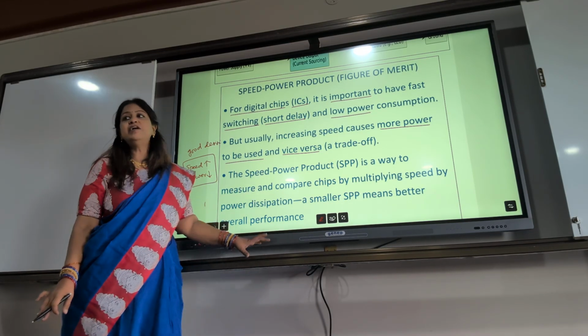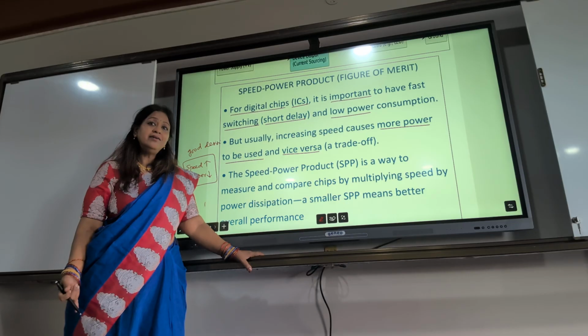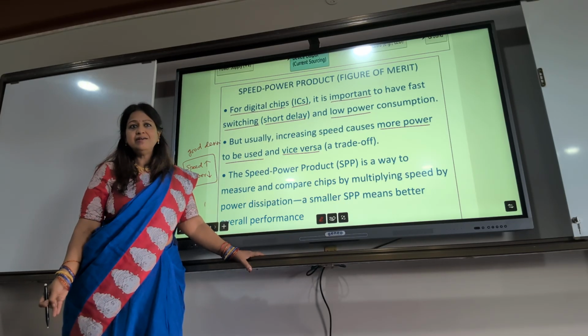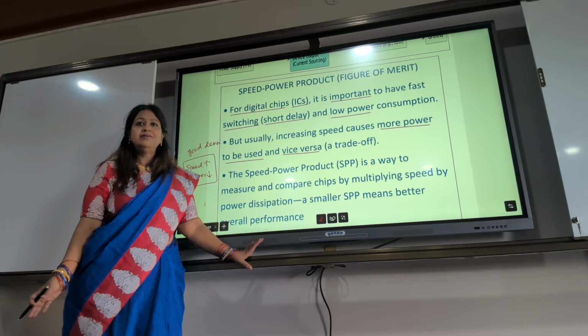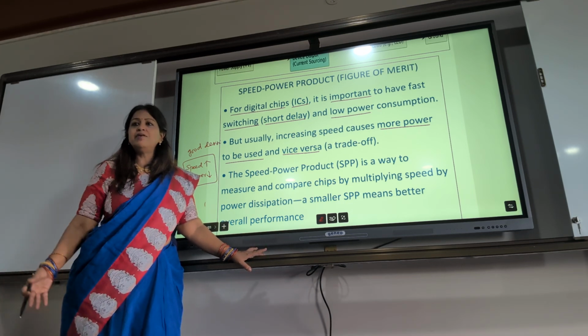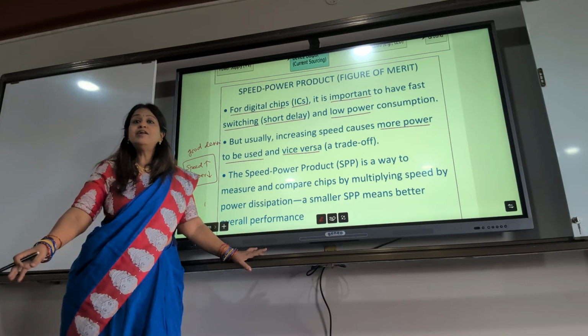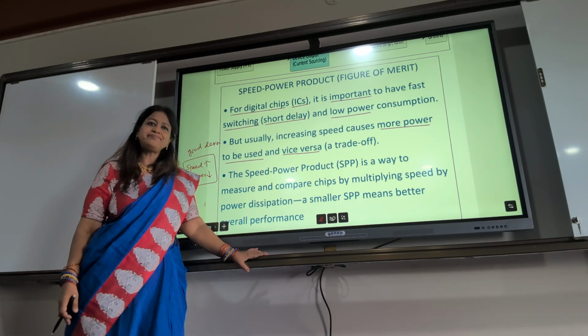So here also in the design, they will be checking whether speed is important or power consumption is important. No, I want this very fast. The customer who is buying doesn't bother about the power consumption, but he wants a faster computer.